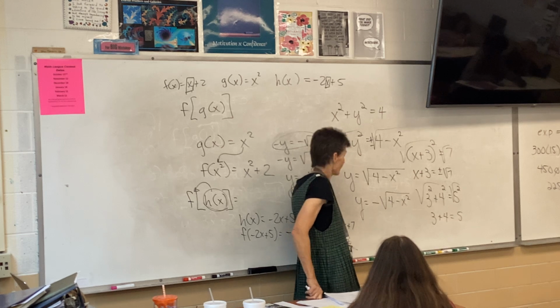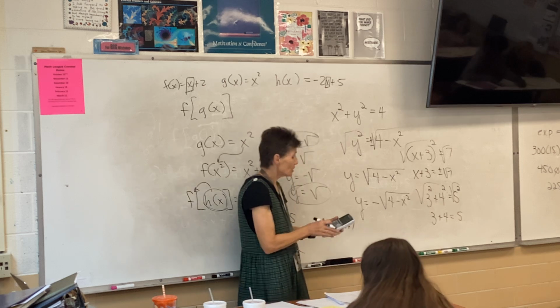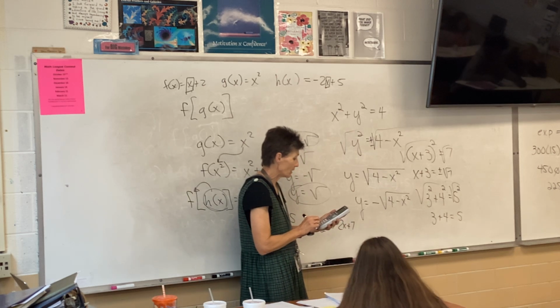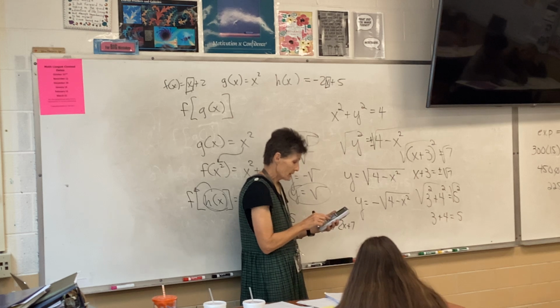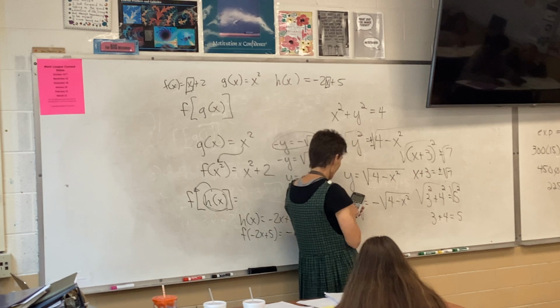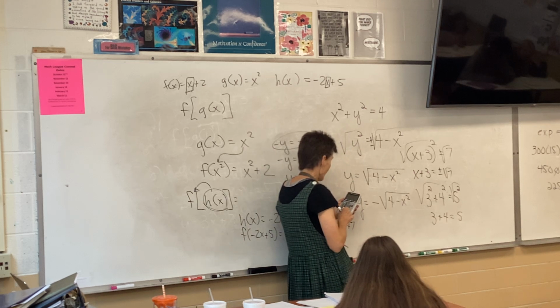All right, but now I have 2 equations that I can put in my calculator. So let's zoom 6 to make sure we got a decent window. Get rid of whatever else I got in there. And then type this in. So square root, everybody knows what your square root button is. And then 4 minus x squared.